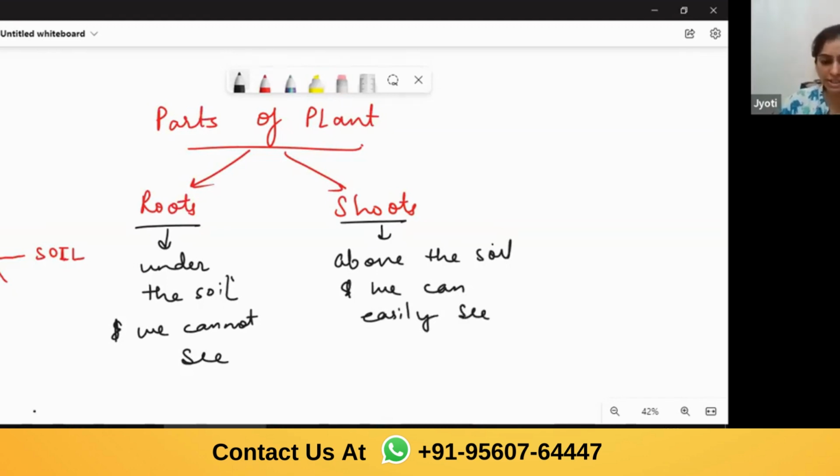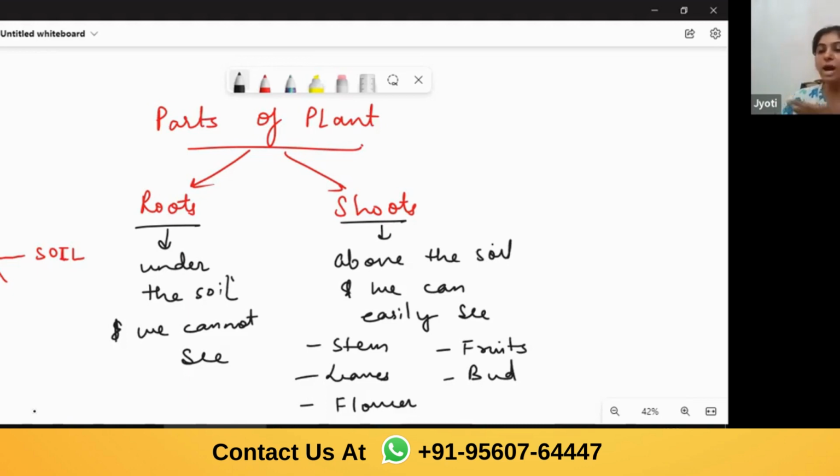The shoots include stem, leaves, flower, fruits, bud. These are all included in the shoot part. Why shoot part? Because these things we can easily see.